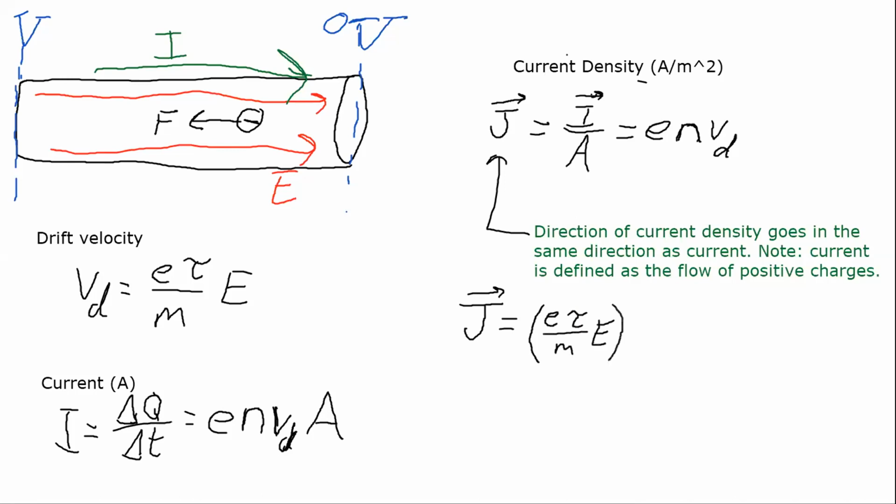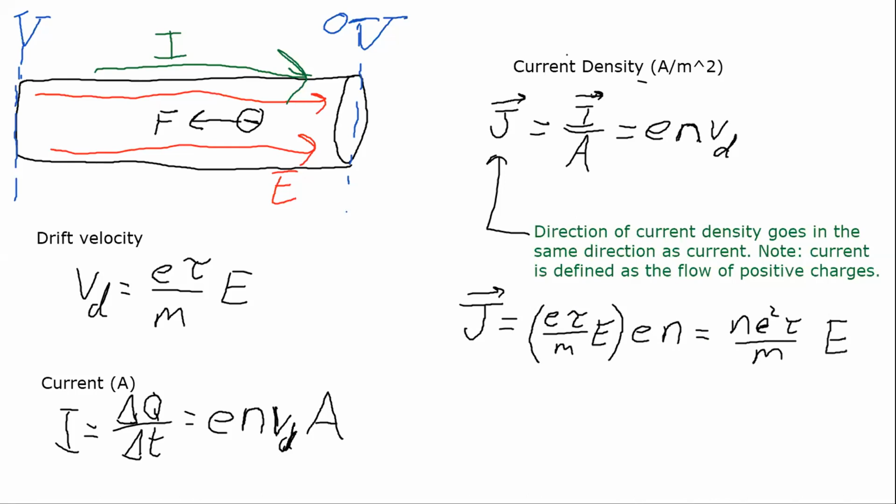That's my drift velocity, and of course I still have my E and my N. I substitute drift velocity into my current density equation, simplify and rearrange it: N E squared tau over m times E.